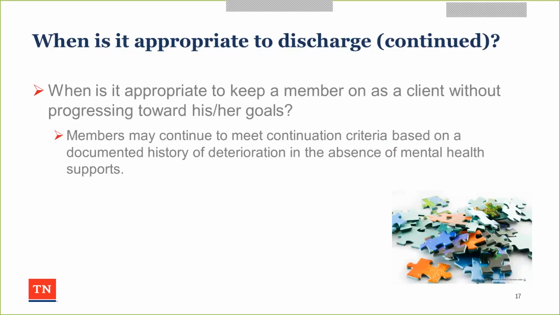And again, showing evidence that, yes, discharge has been pursued, but has not been successful. And we're going to discuss more about re-enrolling members after they've been discharged toward the end of the agenda today, but again, being mindful of that.